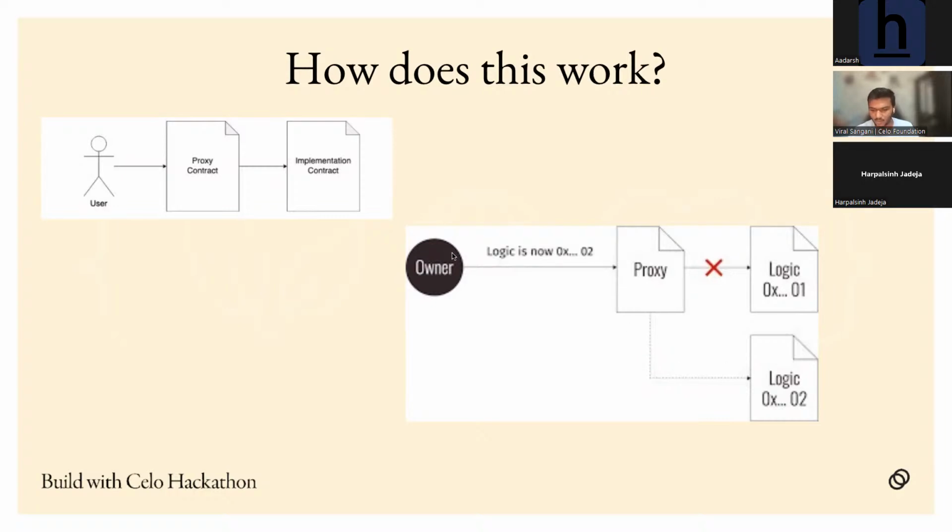And as we know, the end user will be contacting the proxy contract, not your implementation contract directly. So they are good to go. They don't have to change any address, because the end user will be using the proxy contract address to use your functions, not the implementation contract, right? So that's a very high-level view of how you can create upgradable smart contracts.